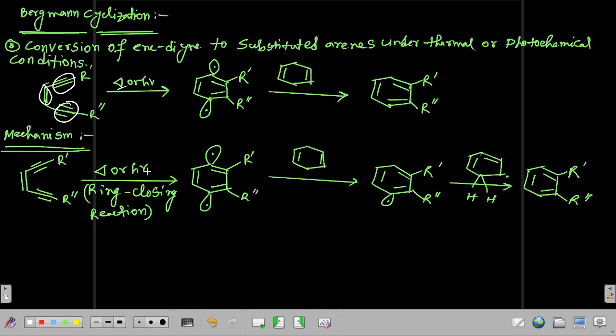In presence of heat or photochemical condition, this bond will break into two radicals, and these two radicals will recombine to form a bond. So it will form one bond from here to here. So it will form a 6-membered ring: 1, 2, 3, 4, 5, and 6.